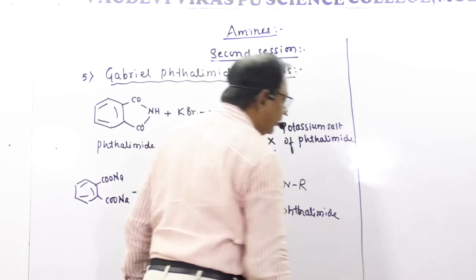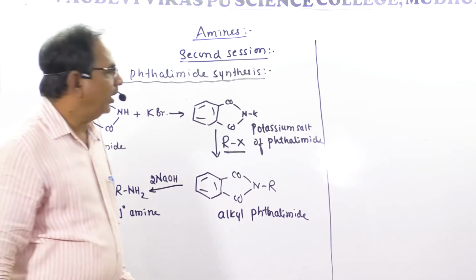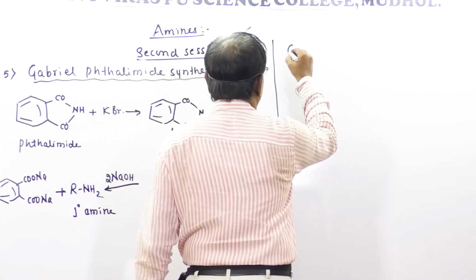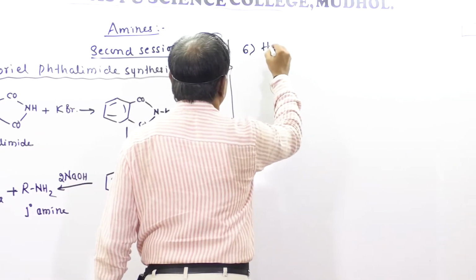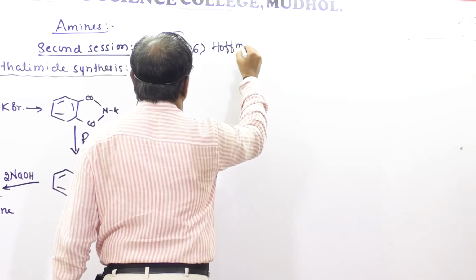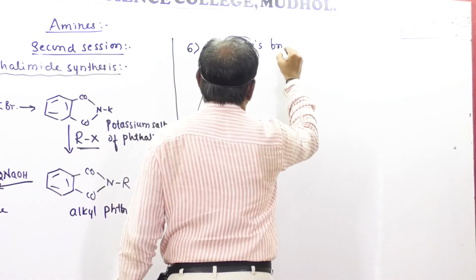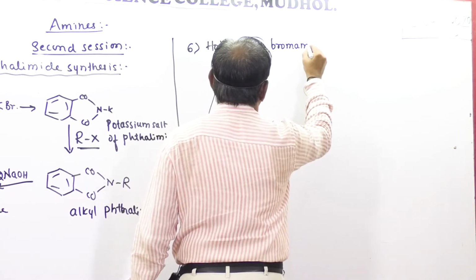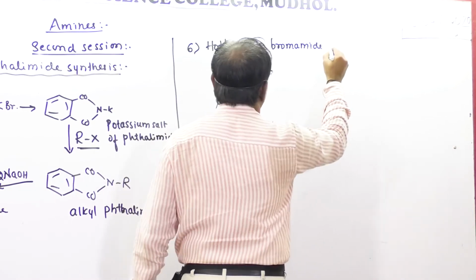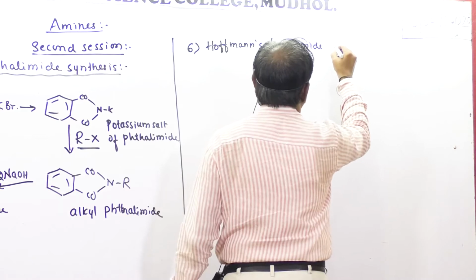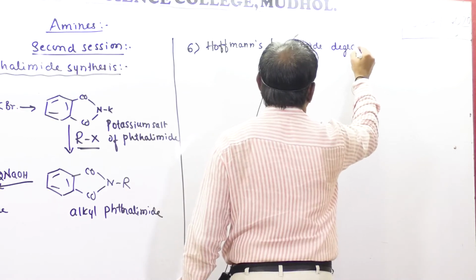The last method for the preparation of amines is the sixth one, Hofmann bromamide degradation.